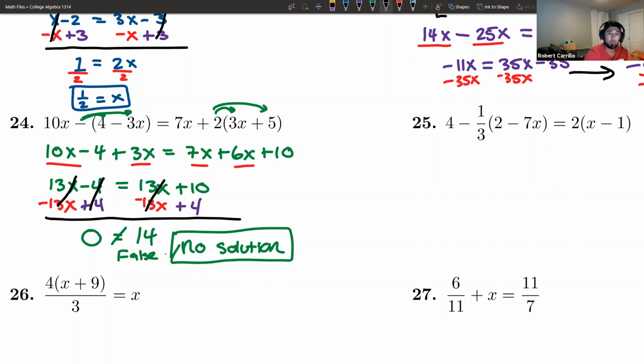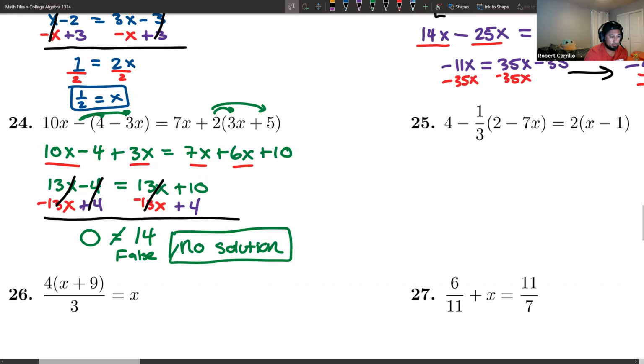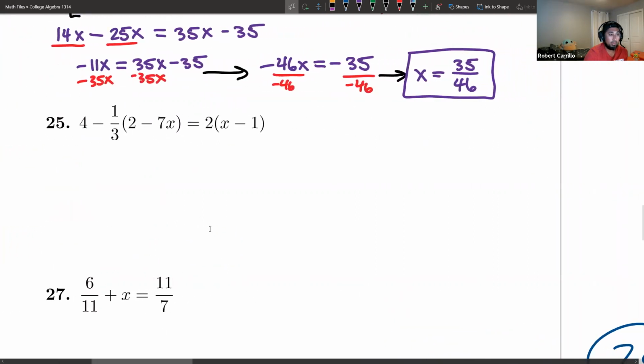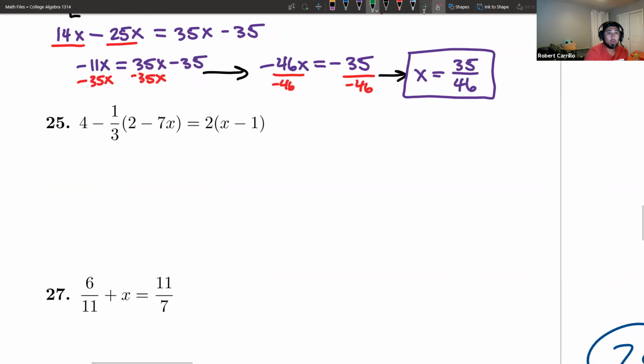All right, 25. 4 minus 1/3 times 2 minus 7x equal to 2 times x minus 1. So let's go ahead and distribute that 1/3 there and there.